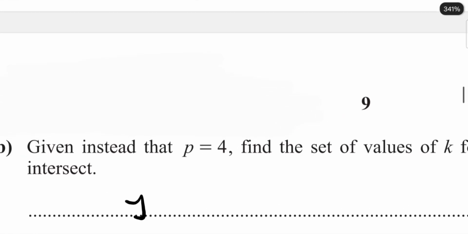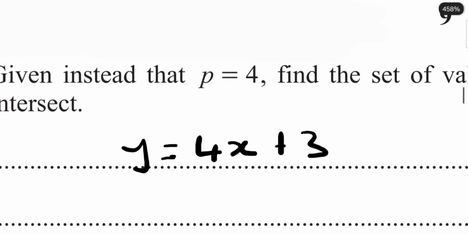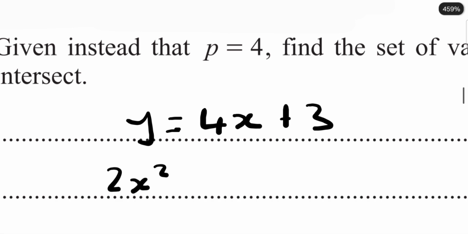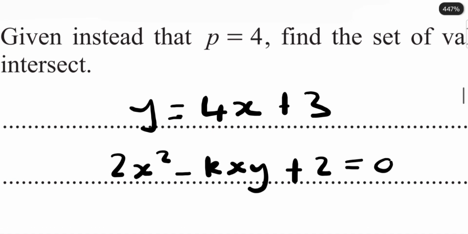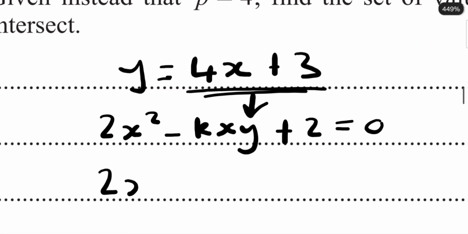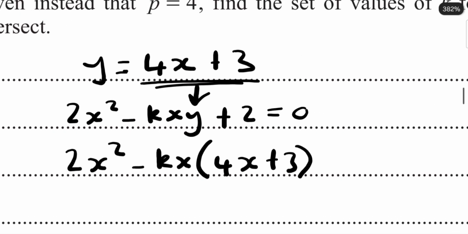And the first equation will still be 2x squared minus kxy plus 2 equals 0. And we're going to substitute this for y. So 2x squared minus kx, and for y we put 4x plus 3, then plus 2 should give us 0.